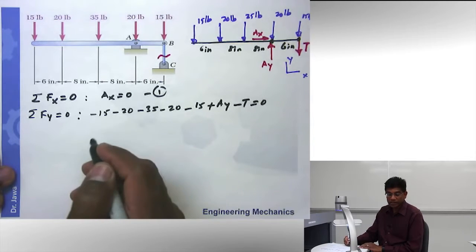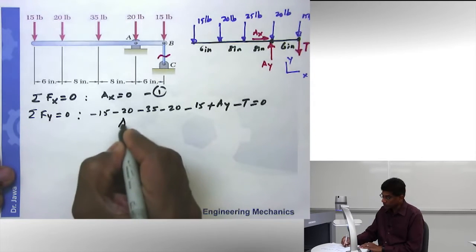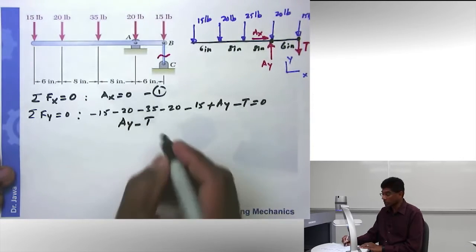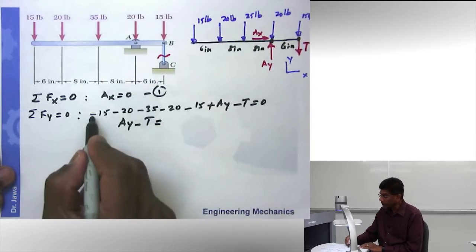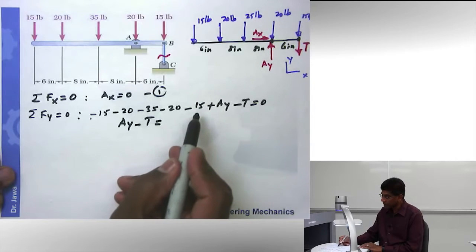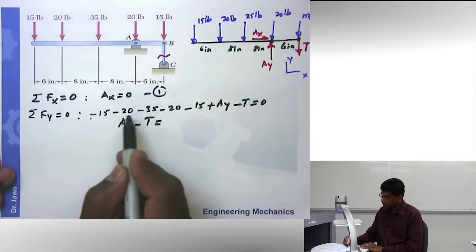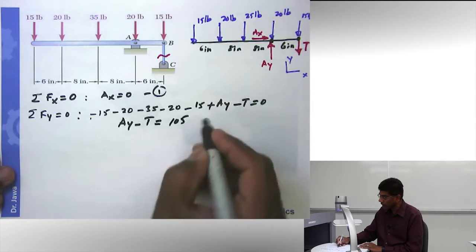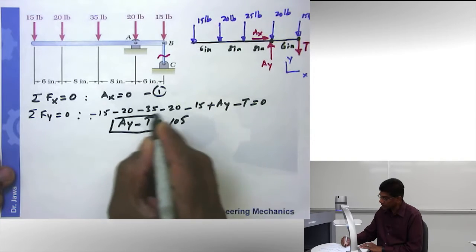I can reorganize this, and if I reorganize this, it is going to be A_Y minus T. I'm keeping unknowns on the left-hand side and the known constant to the right-hand side. And if you add up all this, 15, 20, 35, 70, 90, 105, this is my second equation.